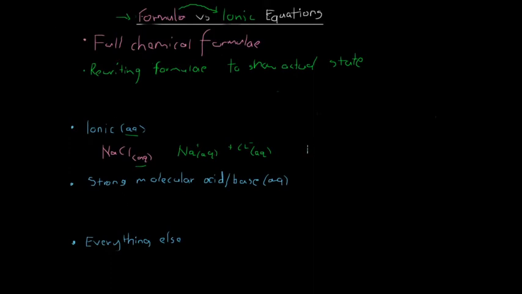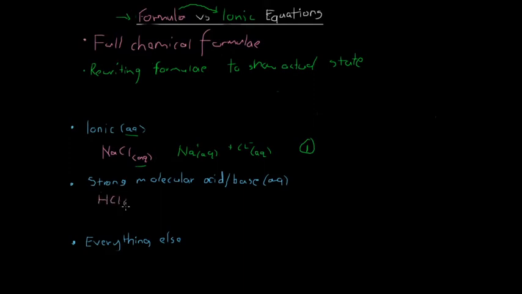Now the second change: we next look for strong molecular acids or bases in the formula equation. We're looking for very strong acids that, rather than being considered ionic compounds, are in fact molecular compounds. An example is hydrochloric acid. Hydrochloric acid does look a little bit ionic, but it is in fact a molecular compound.